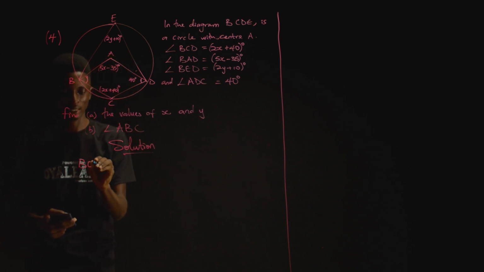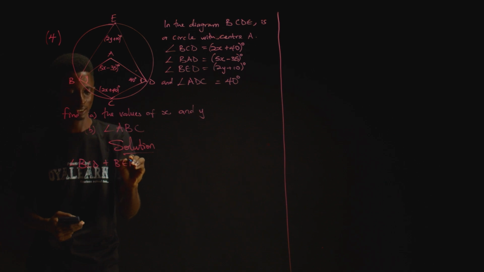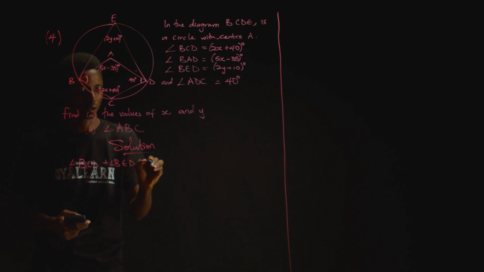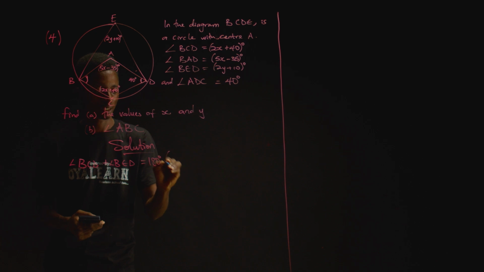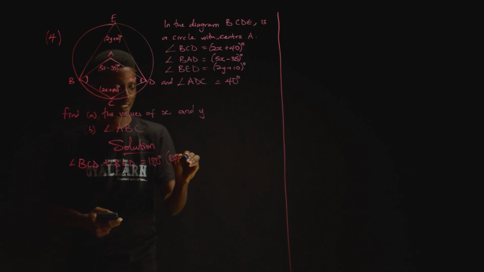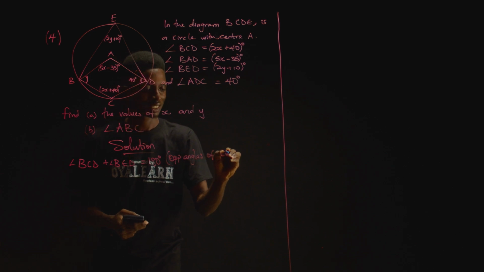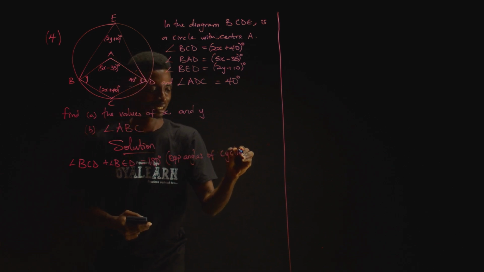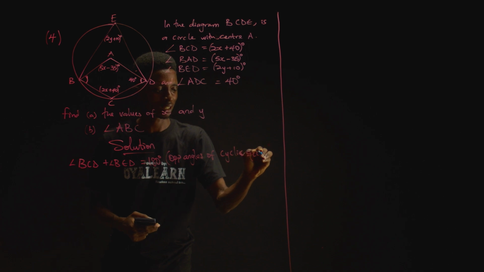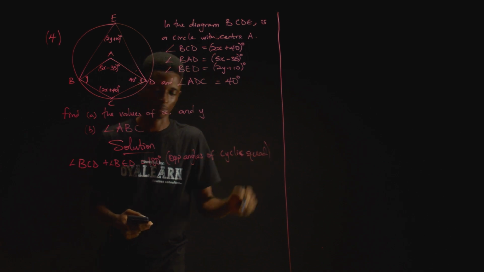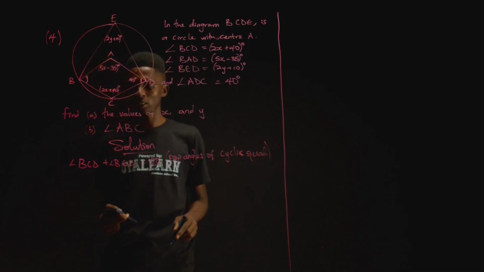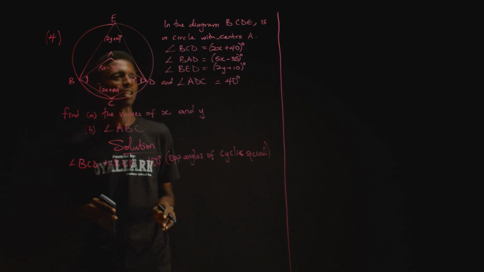So BCD plus BED equals 180. Opposite angles of a cyclic quad. So we can state that as one of our equations.